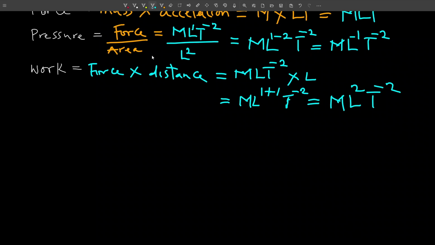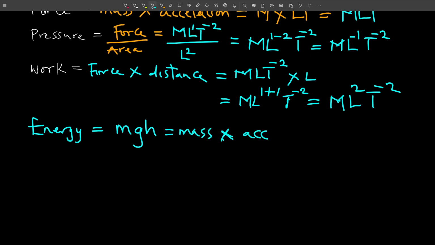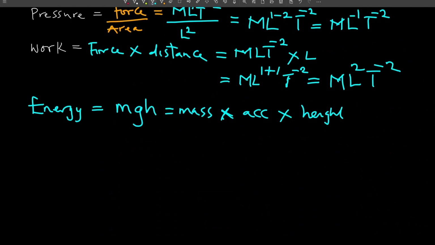Let's take a look at some other example. Let's take a look at energy. Energy can be potential energy, can be kinetic energy. Let's look at potential energy. We know that PE, potential energy, is equal to mgh, which means mass times acceleration due to gravity times what? Height.